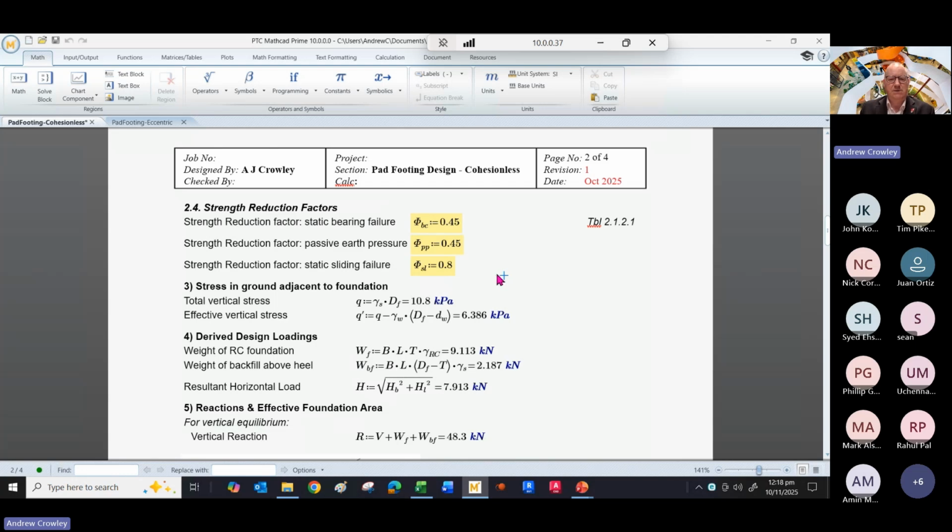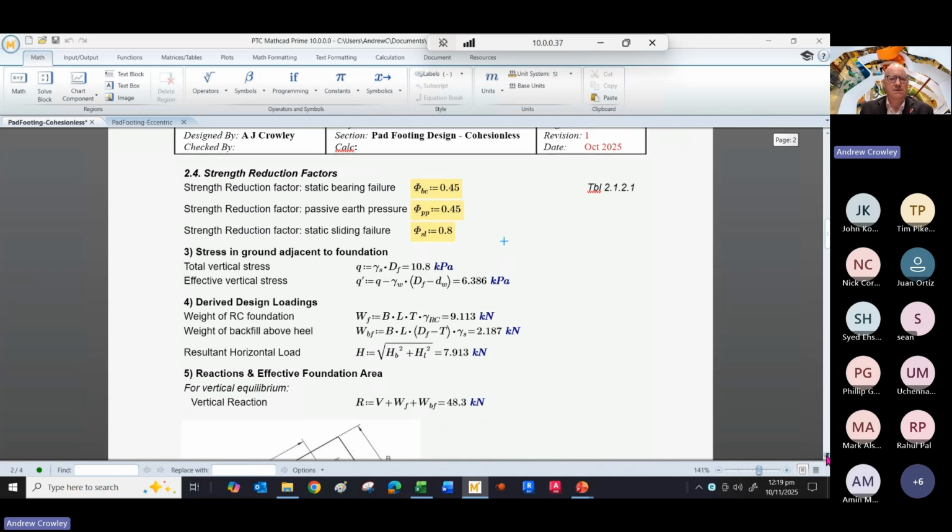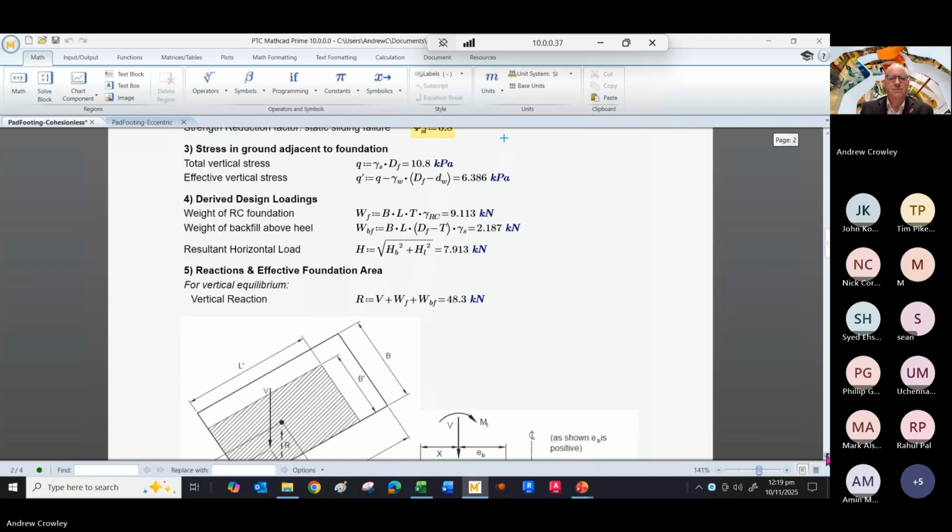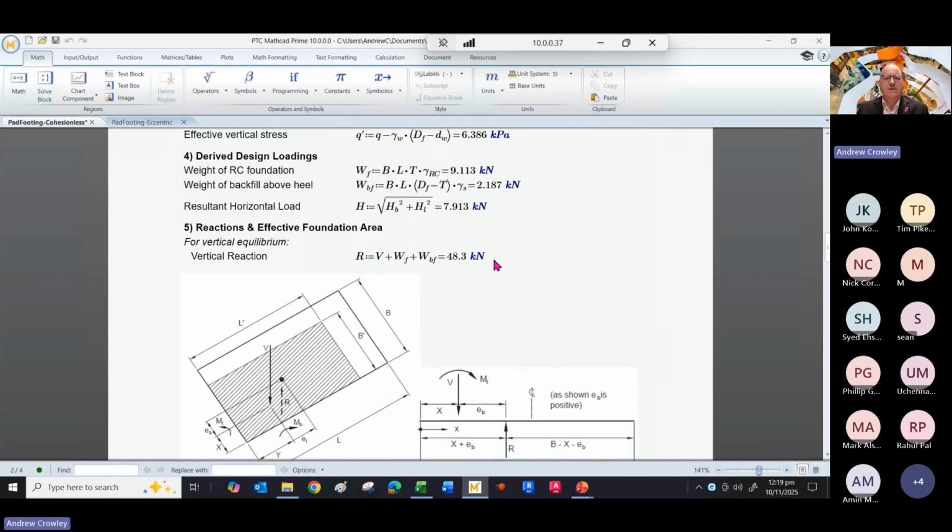So we start with the total stress and then get the vertical stress in the ground. And because we've got pore water pressure in there, the effective vertical stress is slightly lower than the total stress.